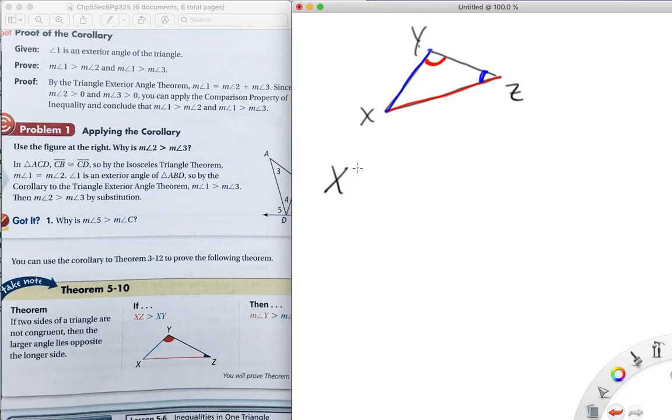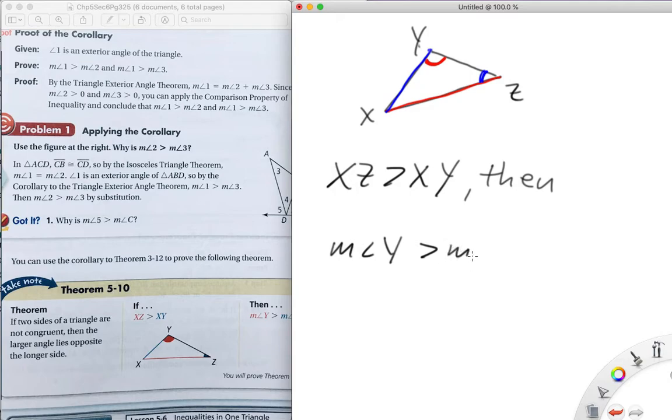Since XZ is greater than XY, this side is longer than this side, then I can say that the measure of angle Y, because it's the angle opposite of XZ, is greater than the measure of angle Z. Y is opposite of XZ, so Y is the larger angle. Z is opposite of XY, so Z is the smaller of the two.